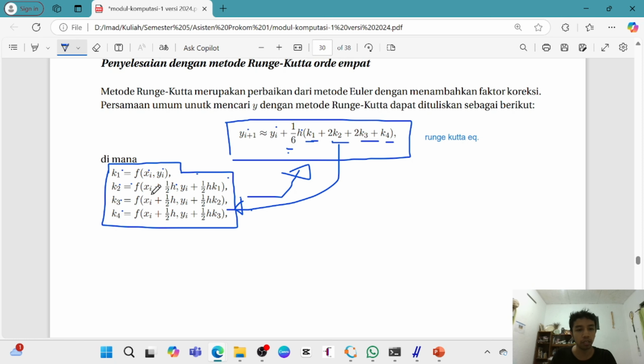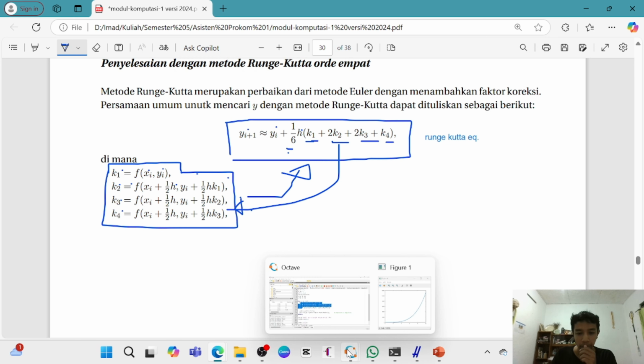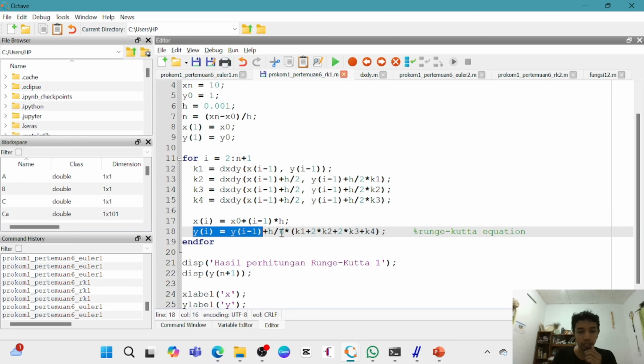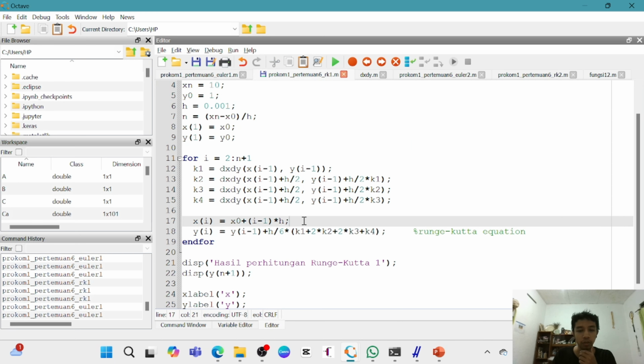This is the k, and we put the k into this equation. This is that equation. Here we have q1, q2, q3, q4, right? And this is the increment of x as always. Just write like this.